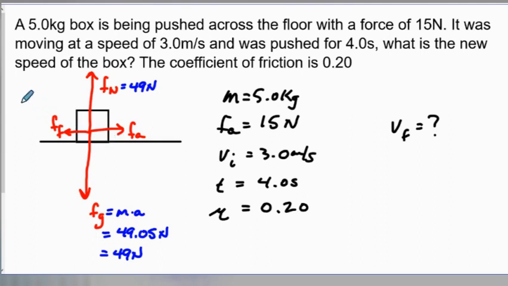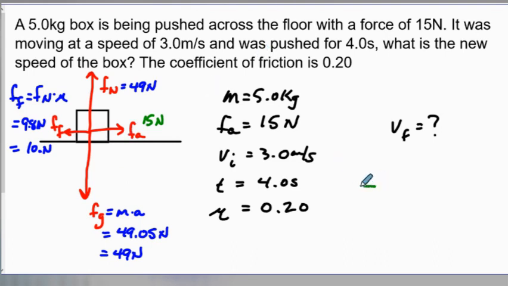To find my frictional force, it is Fn times mu. What that's going to end up as, if I go to 2 digits, is 10 newtons. My applied force was given to us. This is 15 newtons here. So now I have all of my forces.